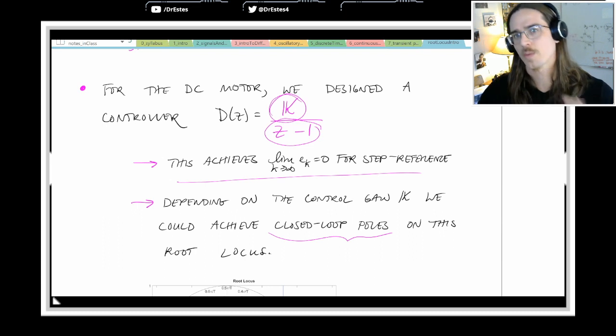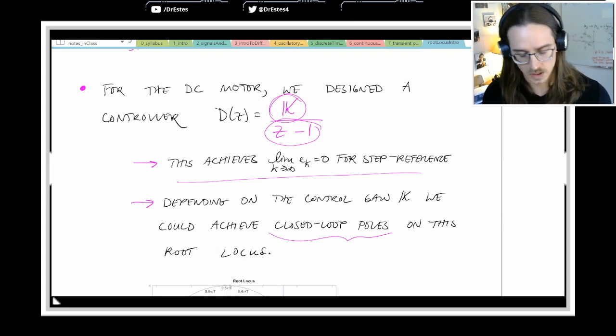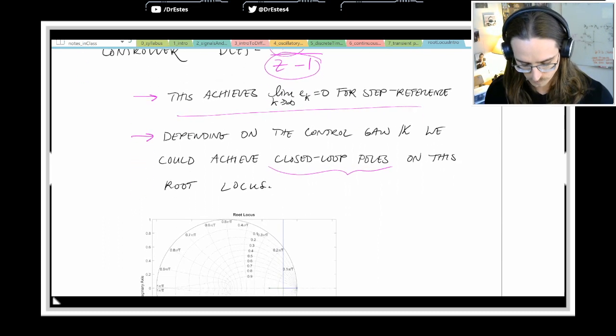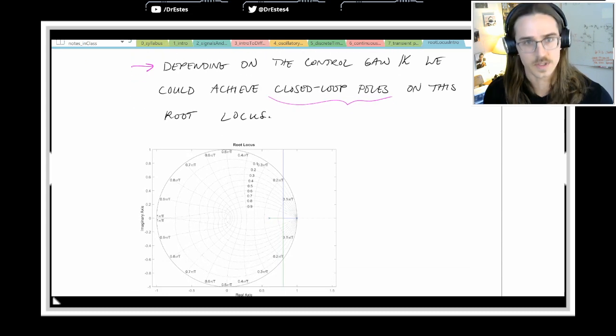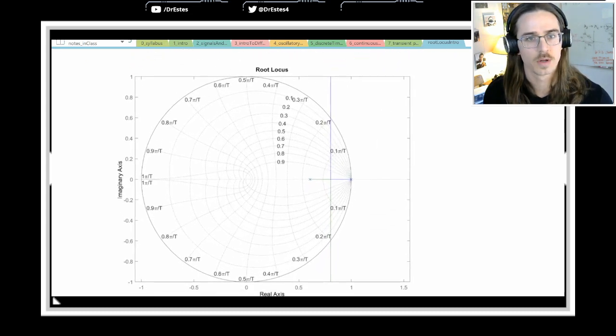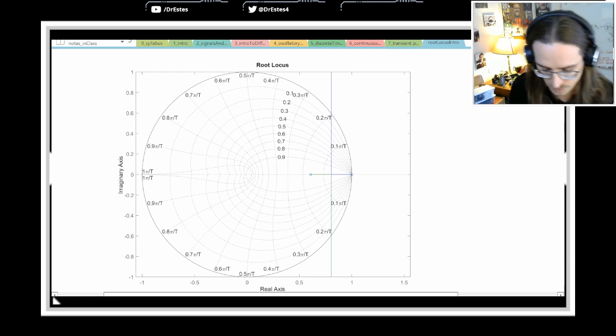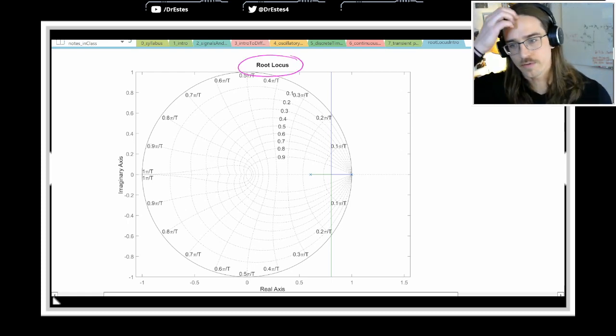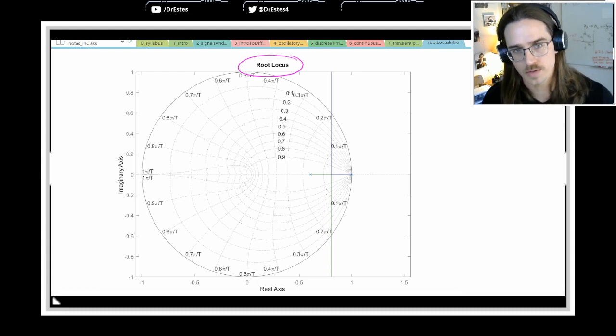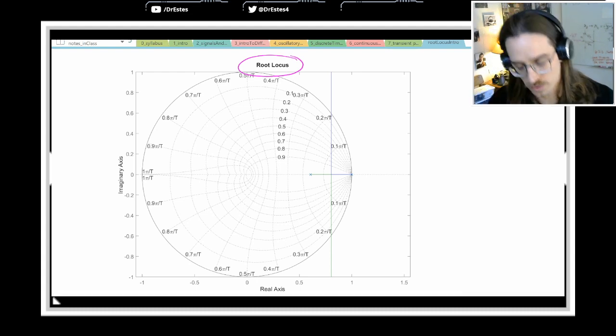So here's where we're kind of getting to the root locus. For this particular control system, remember the root locus is just a graph of all possible locations of your closed loop poles as you change your control gain.